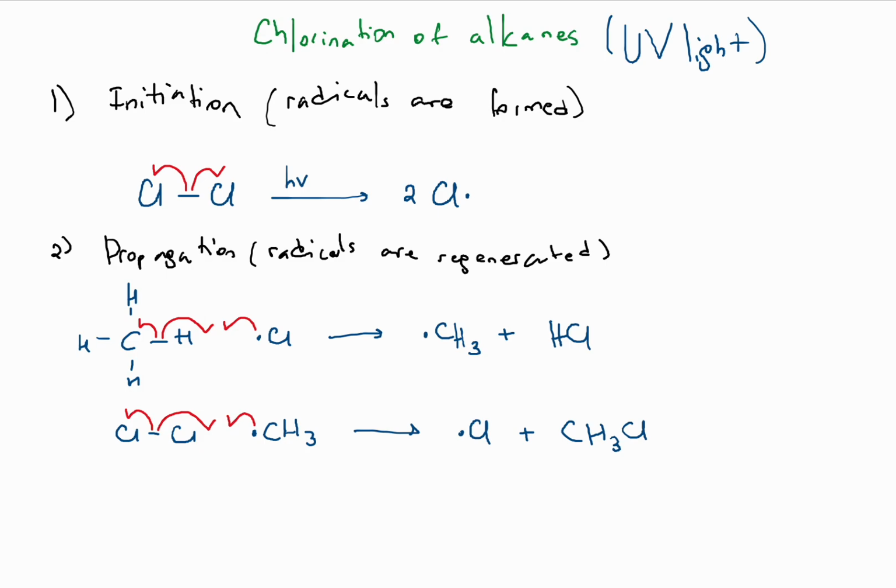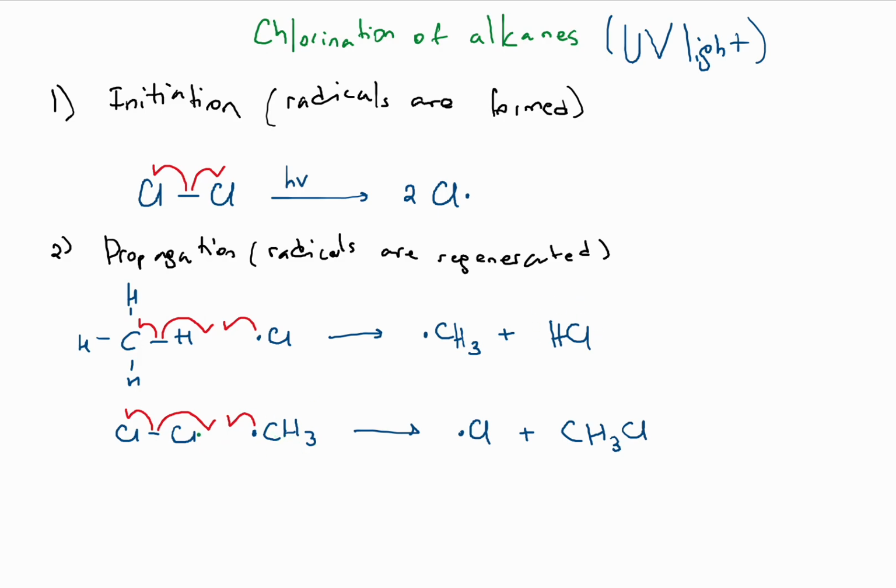In the initiation step you form radicals: the chlorine bond breaks because it is very weak, and you form 2 chlorine radicals. In the propagation step, radicals are regenerated. Methane reacts with a chlorine radical, which breaks the C-H bond homolytically, so you get a methyl radical and HCl.